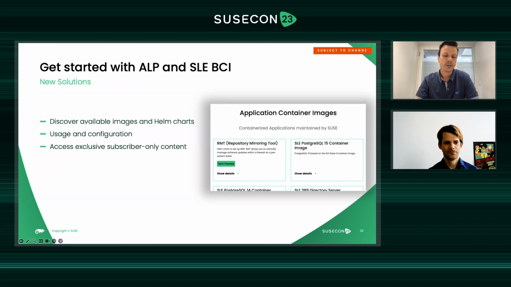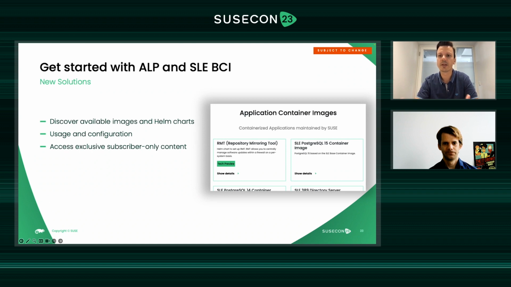And just as we want new customers to get started easily with SUSE and SEC, we want to make it very easy for all customers to start using SUSE's new solutions and products. So right now, you can find all the images that SUSE offers in the registry, but the number of images keeps growing. And at some point, it won't be so easy to find what you need.